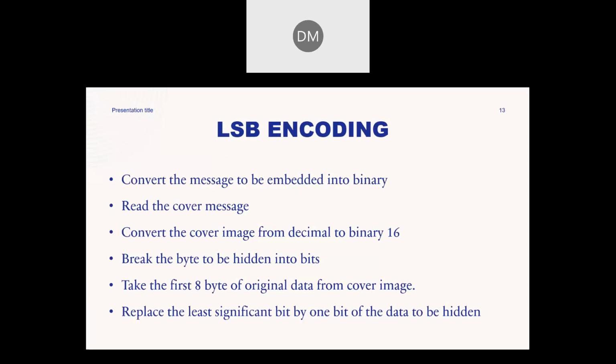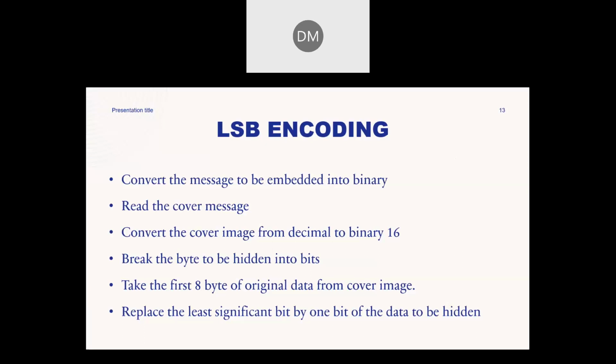The LSB encoding technique suggests that the data can be hidden in the least significant bits of the cover image, and the human eye wouldn't be able to notice the information that was hidden in the image. You can see the process that was listed. Initially we convert the message that we are going to embed into binary, and we read the cover image.